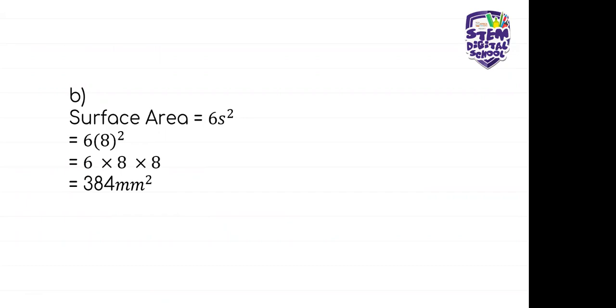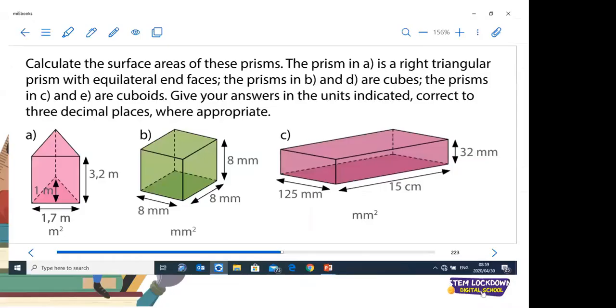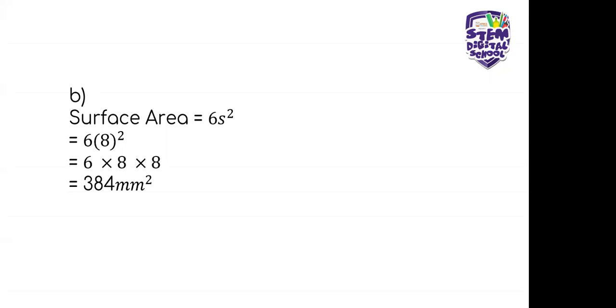So in my case here, I've used the side, and I said that if you multiply the side by itself, you get the area of one of the faces of the particular prism, which in this case is a cube. And of course, it is given as 8 millimeters, one of the sides. So all sides are equal, 8 millimeters. So you multiply 8 by 8 to get 64.